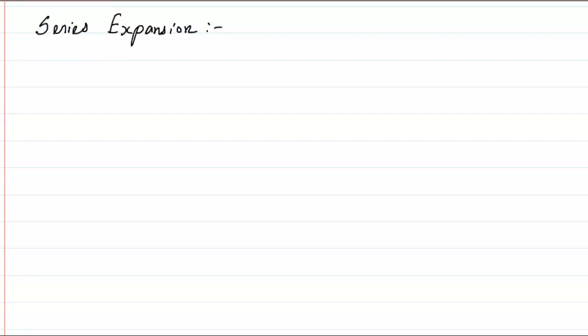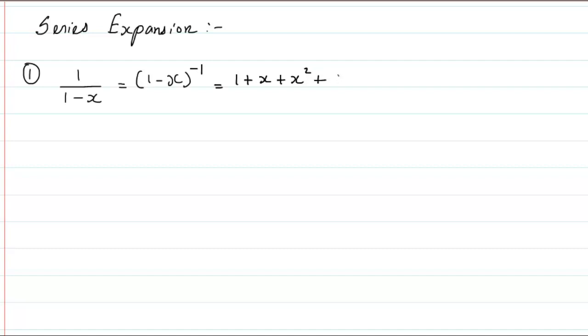These are the series expansion equations. The first one is 1 by 1 minus x, which can also be written as (1 minus x) inverse, which can be found out by using the formula 1 plus x plus x square plus x cube, like that all the way up to infinity.